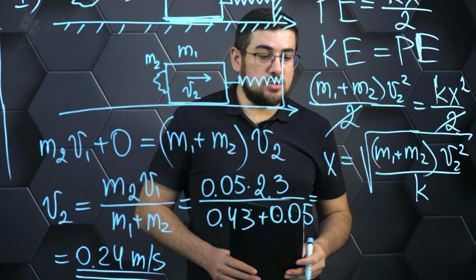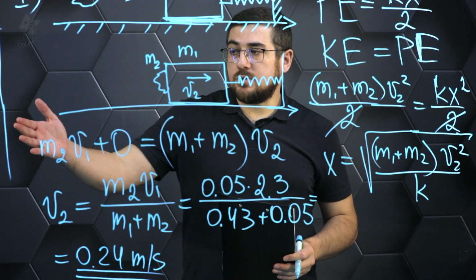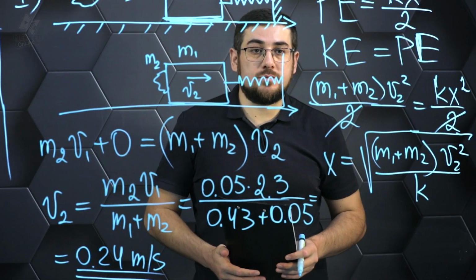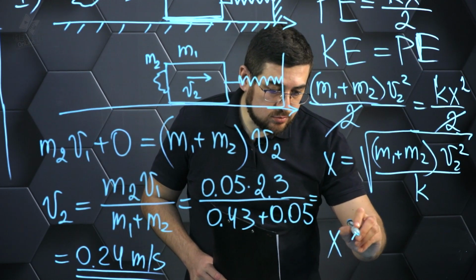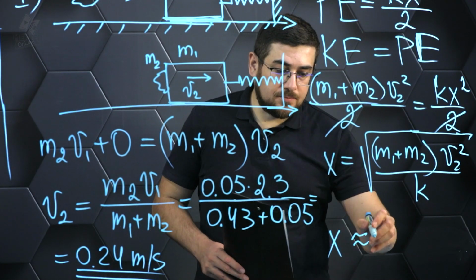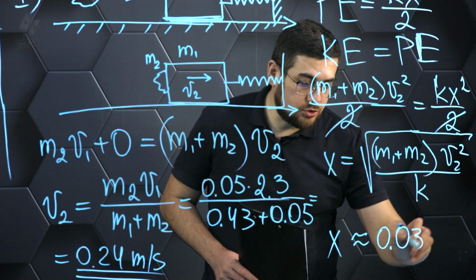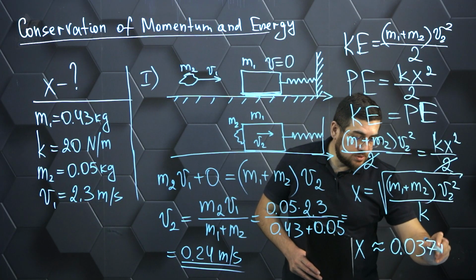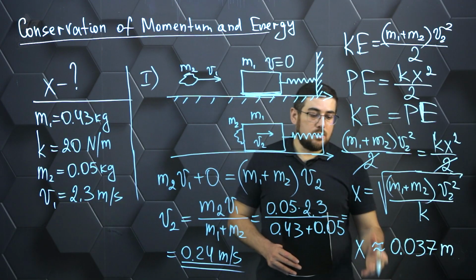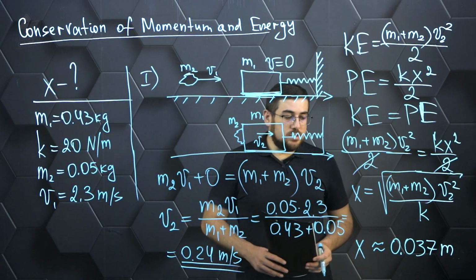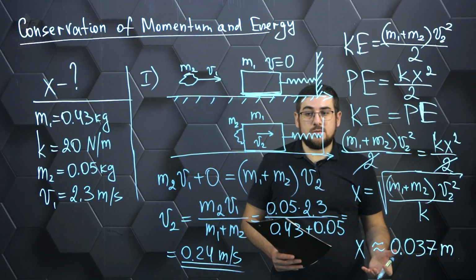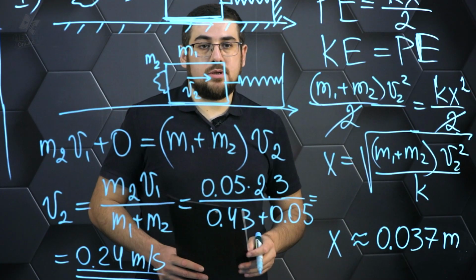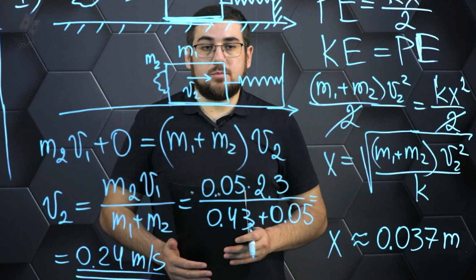So given that we are substituting values that we know, and with all the values here represented in SI, the value of this compression will also be in SI. And after the calculations we get an answer of 37 thousandths of a meter. If we translate this into centimeters, that is, we need to multiply by 100, and then we get 3.7 centimeters. The answer is also quite realistic, taking into account the given parameters of this problem.